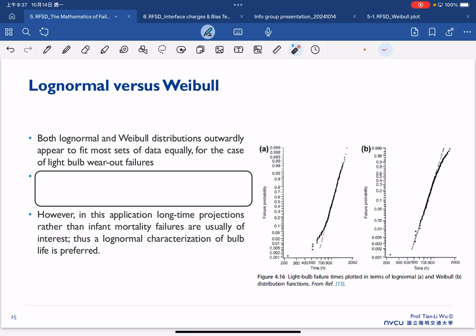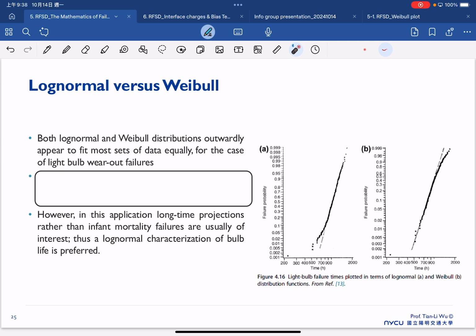If you look at reliability statistics data, some people propose using the Weibull distribution, and some people propose log normal. But basically, there are mechanisms behind them that can give us guidance on which distribution is better for our data.